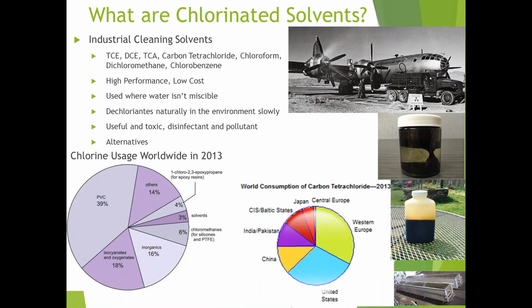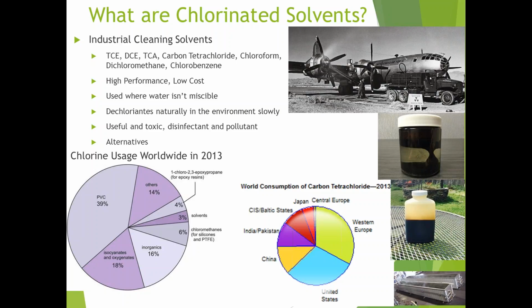One of the other large groups of chlorinated solvents also includes products that are essential to many industrial processes. The most common chemicals used in these areas and processes are TCE, VC, DCE, trichloroethane or TCA, carbon tetrachloride, chloroform, dichloromethane, and chlorobenzene.